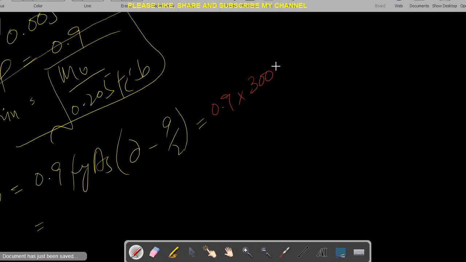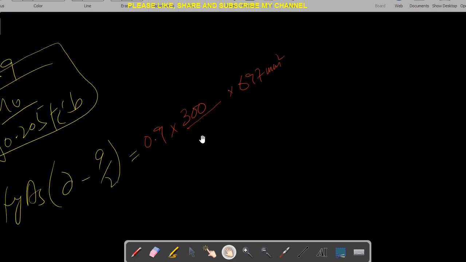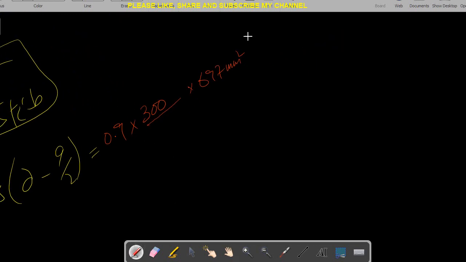MPa means mega Newton per square meter. So we have to convert meter to millimeter, because here I am using 697 millimeter square, and similarly the d value will be in millimeter, that is 240.